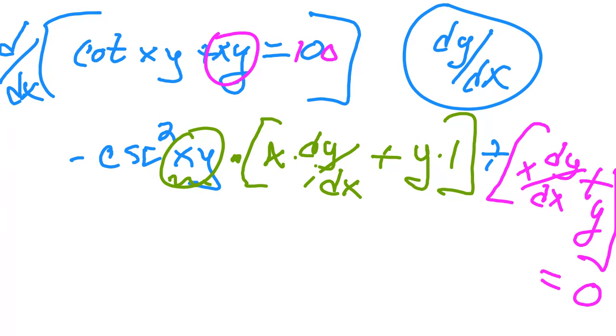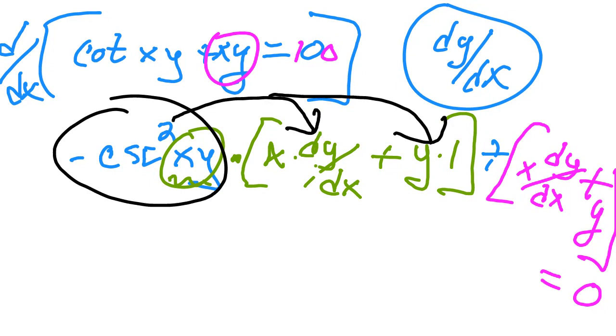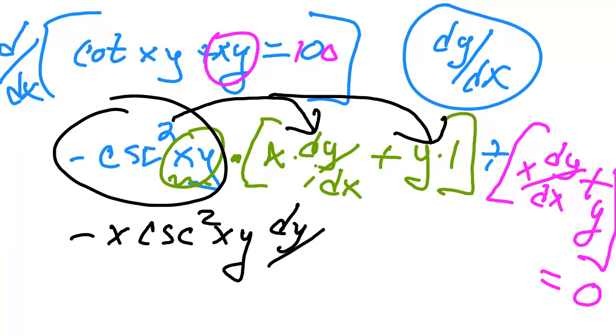And then what do we do now? Now we've got to get all the terms that are dy/dx on one side, and everything else on the other. So I'm going to multiply this through using the distributive law. Just the first one here, it's minus x cosecant squared xy dy/dx.